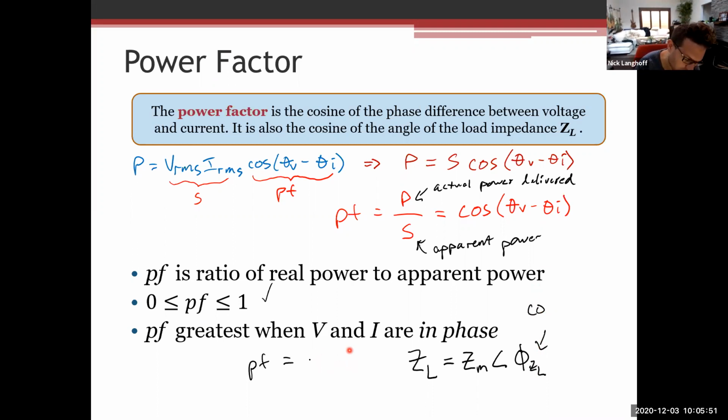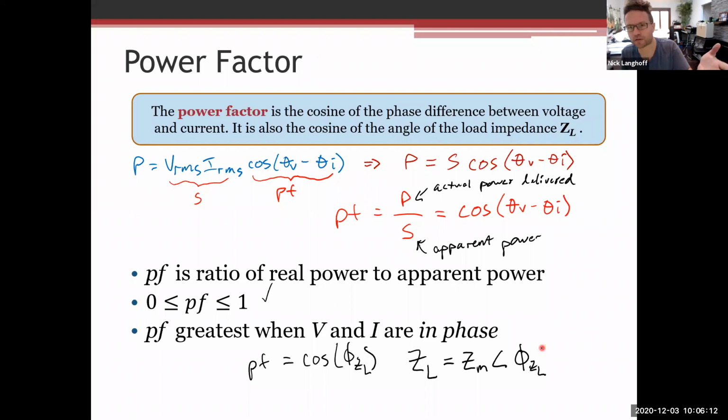This should have said it's equal to cosine of phi of ZL. So the cosine of the phase angle of the load is also the power factor, because the phase angle of the load is another way to say what's the phase angle of the voltage to the current, right?